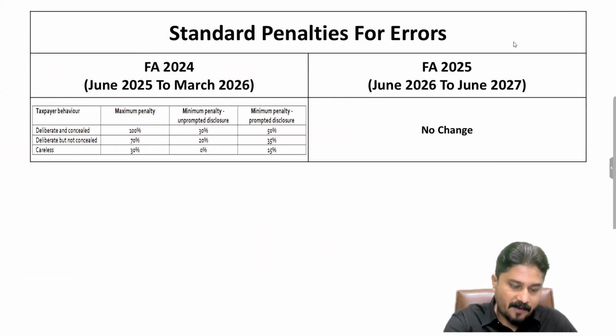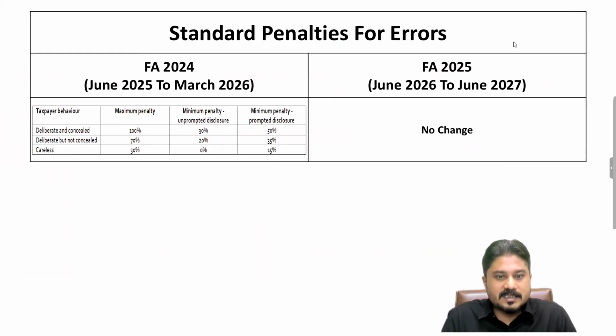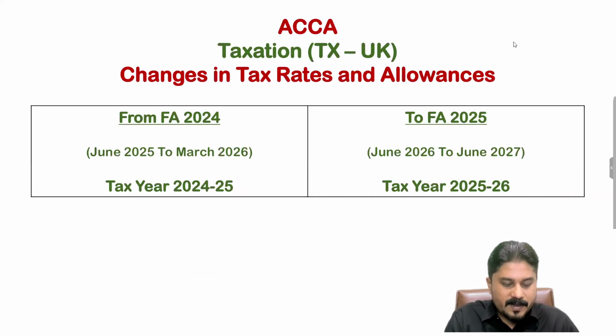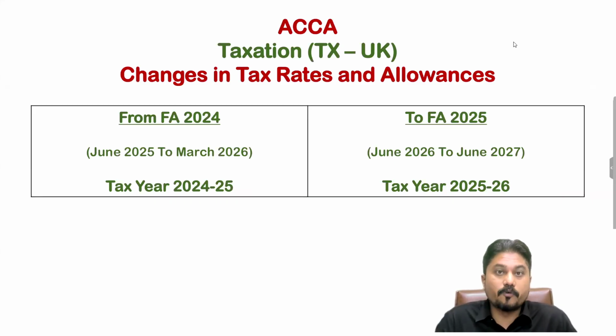And as we have quickly discussed all these changes made from Finance Act 24 to Finance Act 25, let's sum up. Let's summarize it. The major change: any Finance Act is normally applicable to 4 exam sessions, as Finance Act 24 was applicable to 4 exam sessions, which were June 25, September 25, December 25, and March 26.